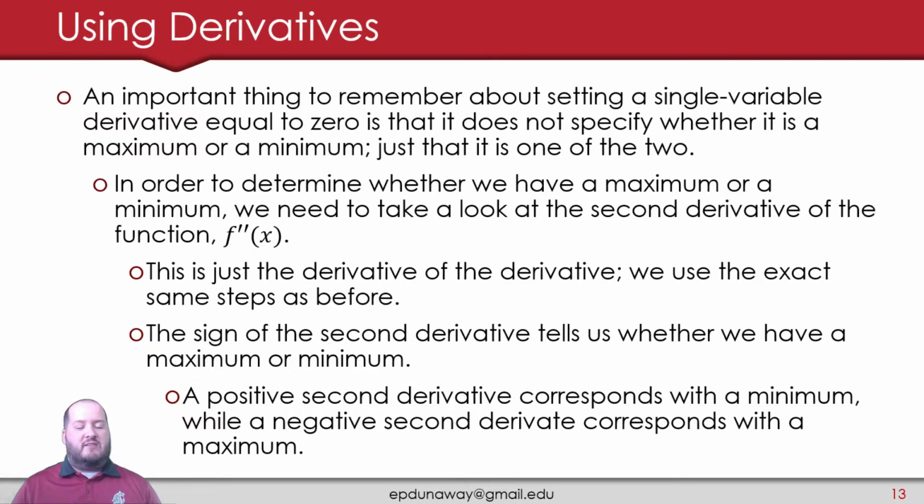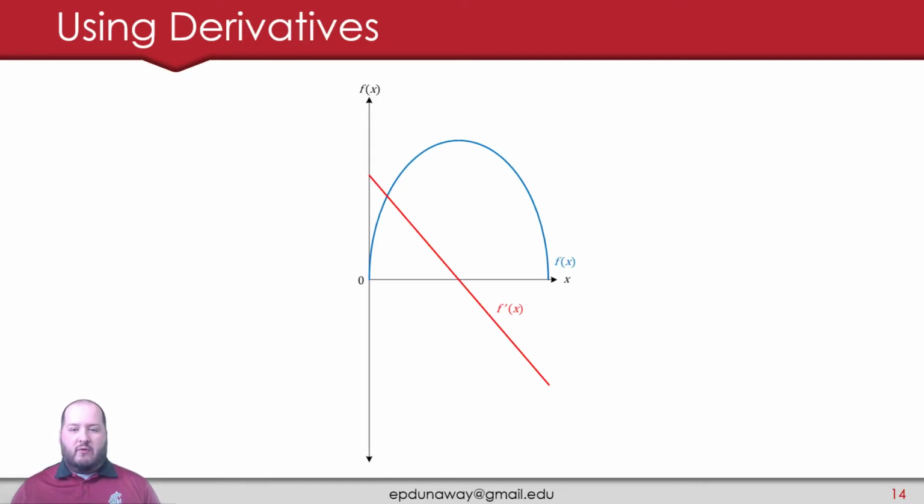But anyways, the sign of our second derivative is going to tell us whether we have a maximum or a minimum. So if the second derivative is positive, that's going to correspond with a minimum. But if the second derivative is negative, that's going to correspond with a maximum. So let's actually take a look at this again. Going back to our original function, as we can see, this first derivative, the red line right there, has a consistent downward slope.